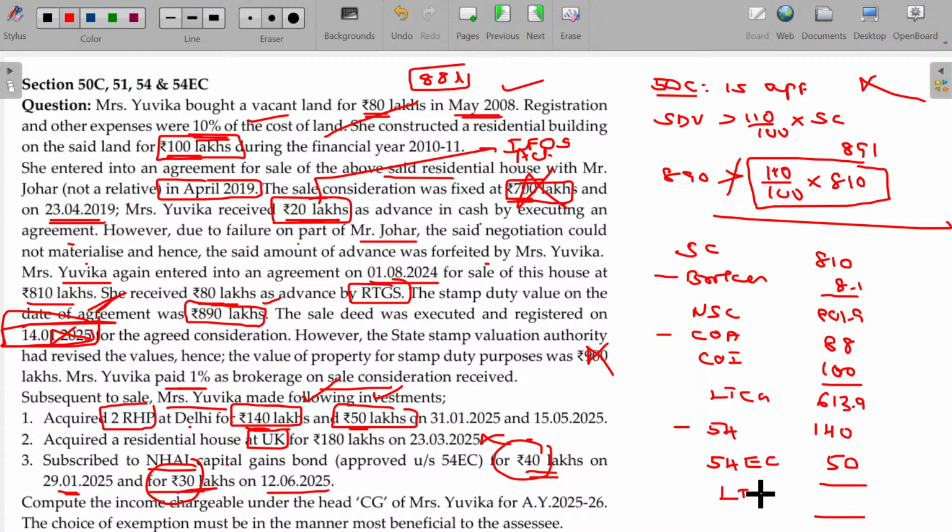So applicable long-term capital gain in this case being 423.90. Now if I go for indexation, what happens? 801.9. Cost of acquisition being 88 into current inflation index 363 over the inflation index for the year 2008-9, I think 137, the final value being 233.17.